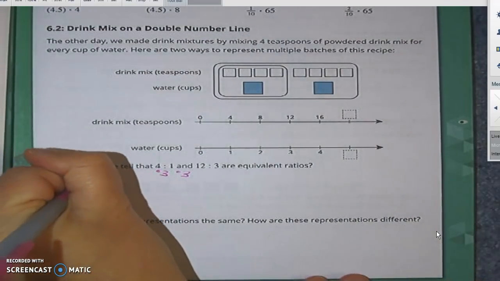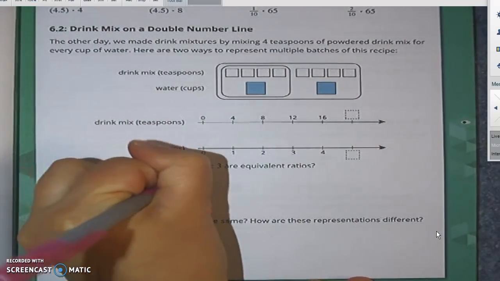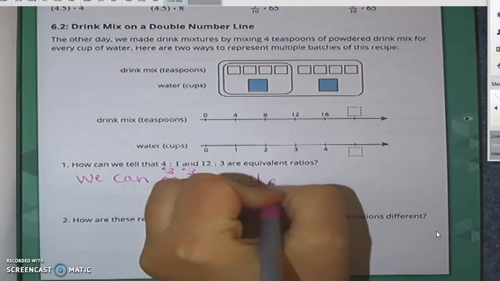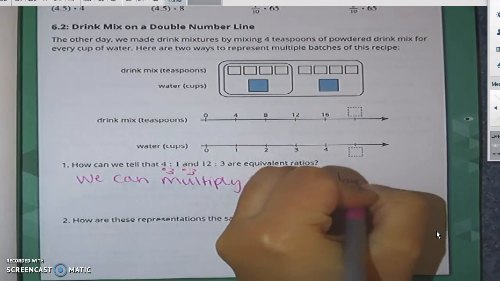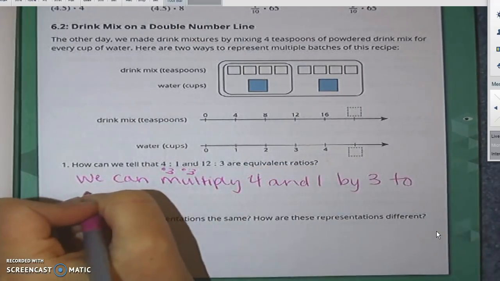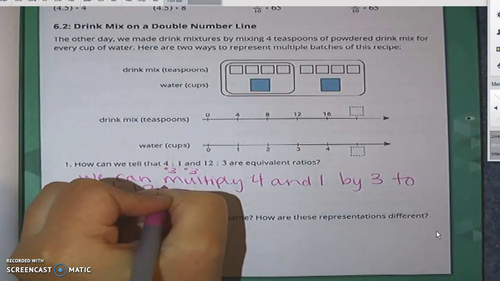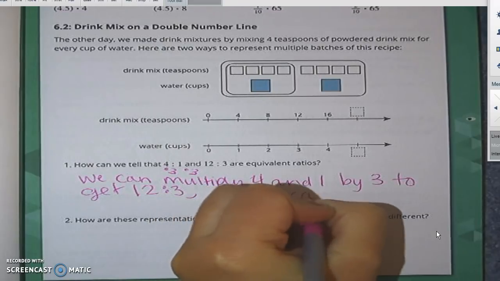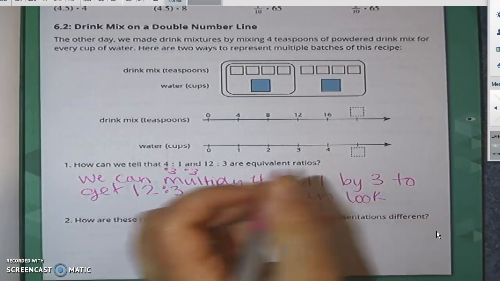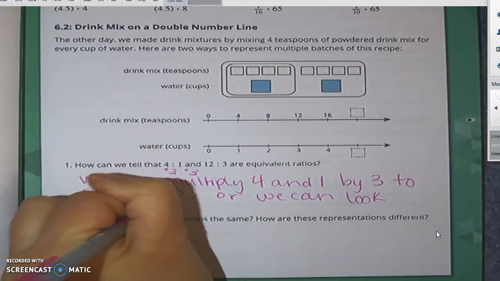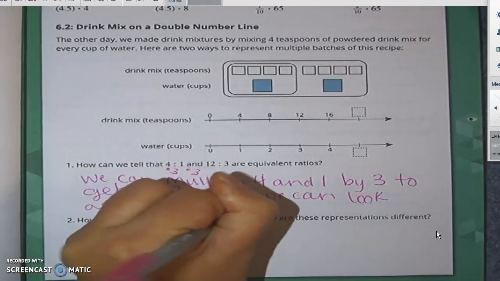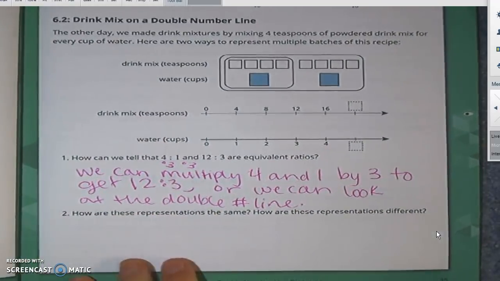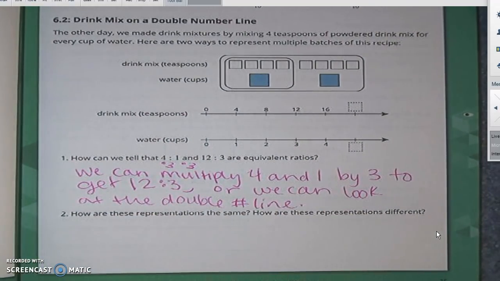So we can multiply 4 and 1 by 3 to get 12 to 3, or we can look at the double number line. So if you need to pause to add something to your explanation, please do that.